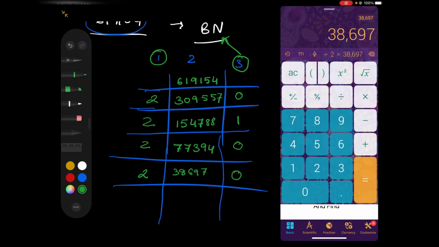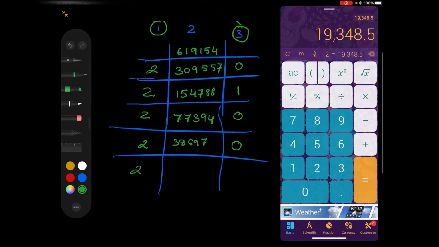Now if we divide an odd number by 2, we always get a remainder, which means we will get a decimal. We should get a decimal 0.5 after our next answer. We are again dividing this number by 2, and yes, we are getting this 0.5, so we are right.